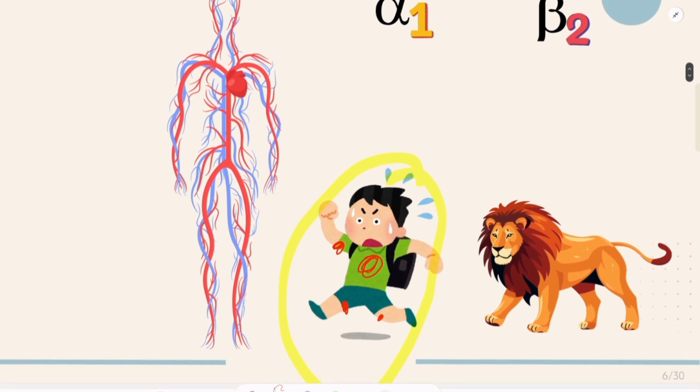This means when the sympathetic system is activated, it should increase blood flow to the muscle and increase blood flow to the heart. So blood vessels of heart, which is coronary artery, and blood vessels of skeletal muscles will dilate when there is sympathetic overactivity.